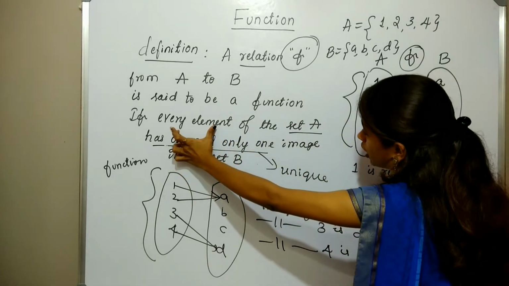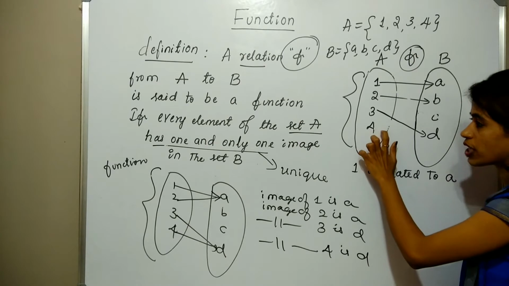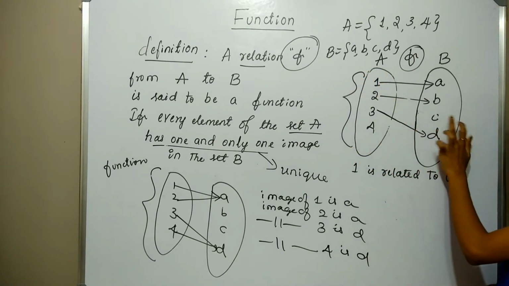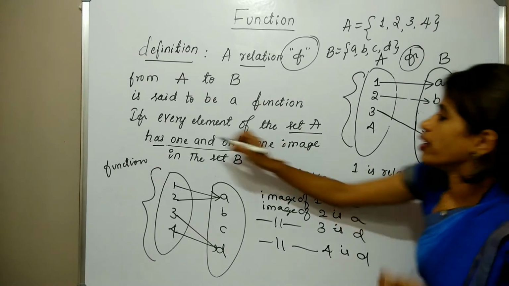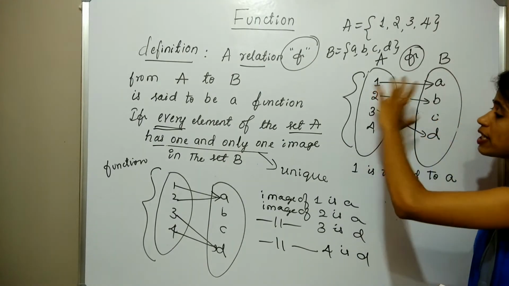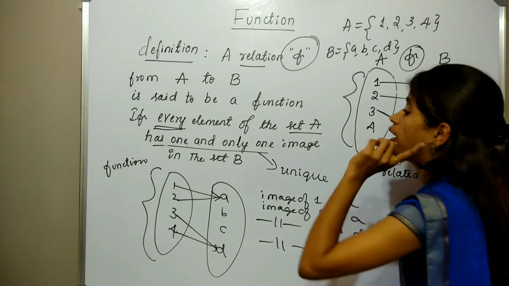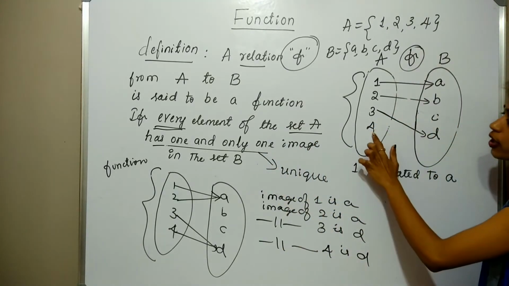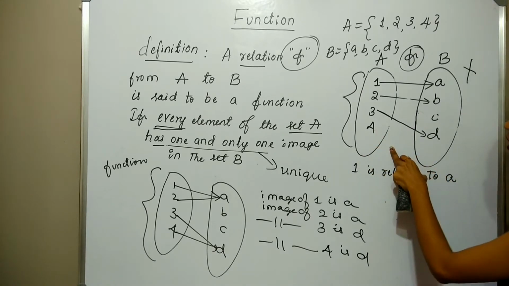To be a function, every element of the set A, and here 4 is also an element of the set, must have an image in the set B. Every element must have at least one, and in fact a unique, image in the set B. So here 4 does not have any image, therefore it is not a function.